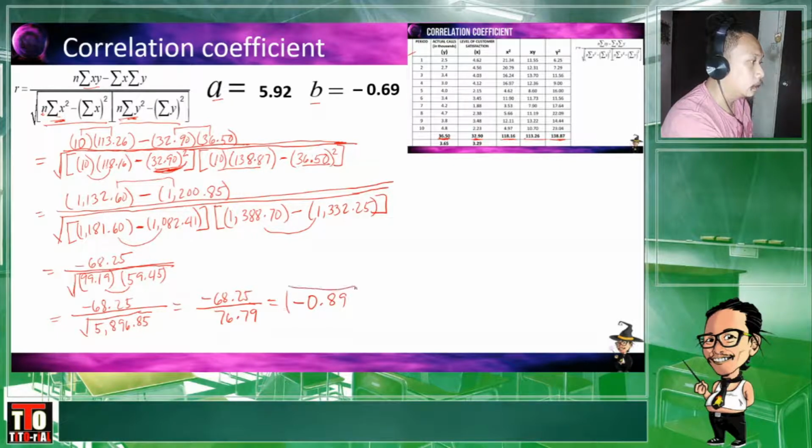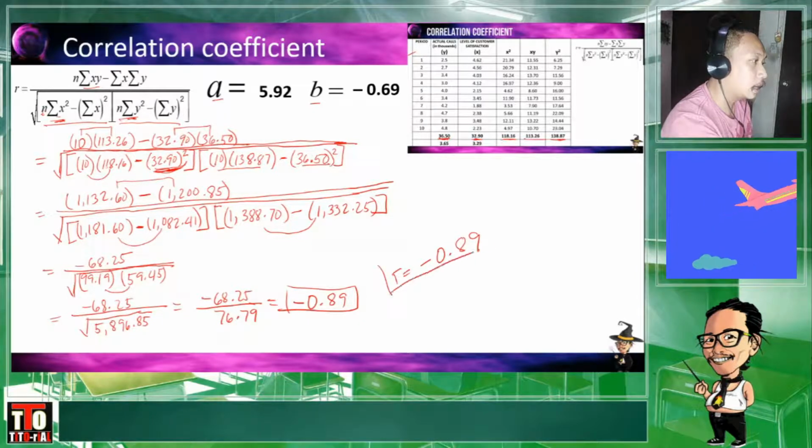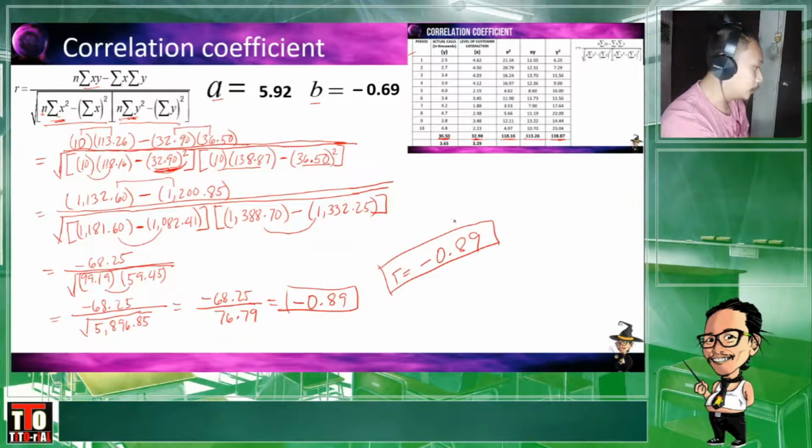Okay? So, again, our r value is negative 0.89. So, what does r equals negative 0.89 mean? It is our answer for the correlation coefficient.